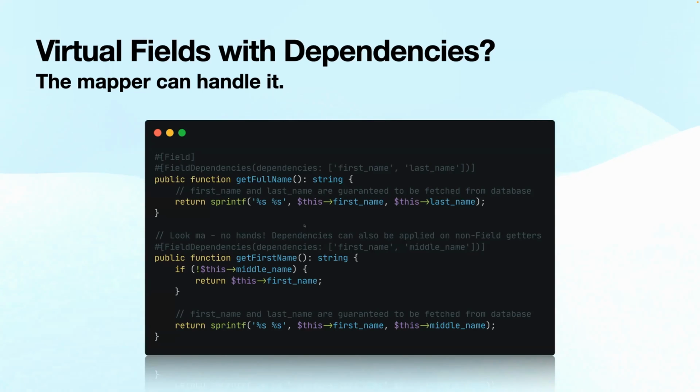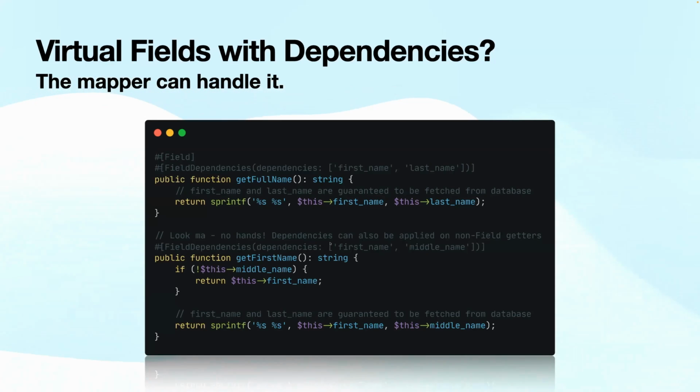We put another annotation on the function which says, okay, I'm dependent on the following fields. And the fields can be fields on the same model or on my associations, actually. And then those fields will be queried. And if these fields themselves define dependencies, because you may have a first name function that also has dependencies, those dependencies will also be loaded.